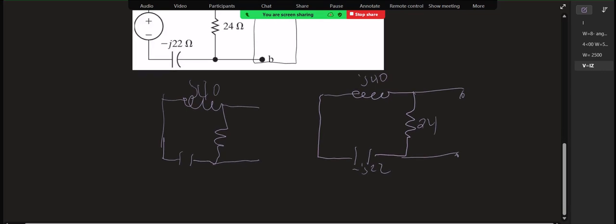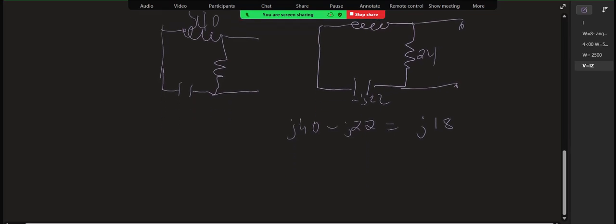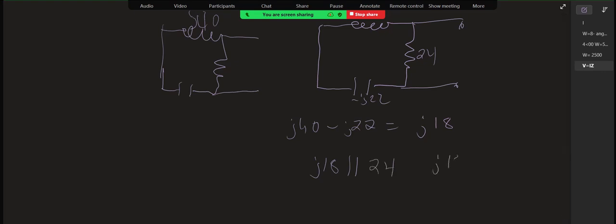So what would I do here? Series would be J40 and negative J22, then parallel 24. So it'd be J40 minus J22 would be J18, because those are in series, and then I would have J18 parallel with 24. So I'd have J18 times 24 over J18 plus 24. And then I'd have whatever that is.